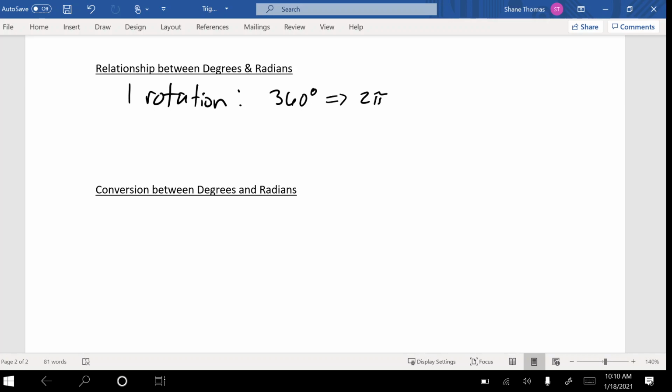In that case, a half rotation is going to be what in degrees? 180. So based off of what you see, if one rotation is 360, which is 2 pi, what do you think 180 is going to be? Pi.